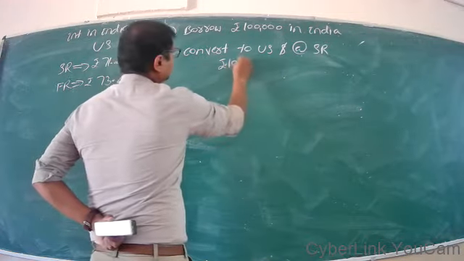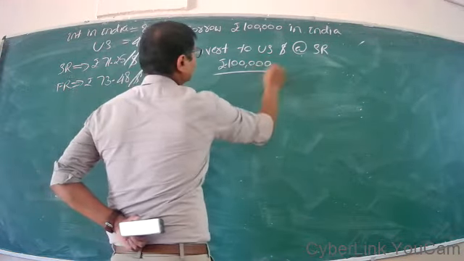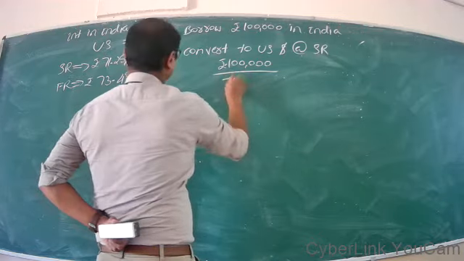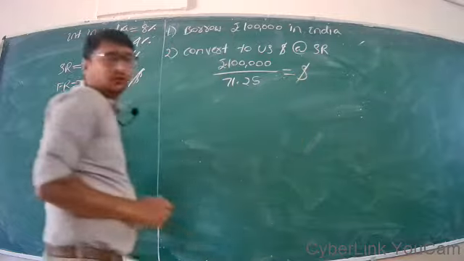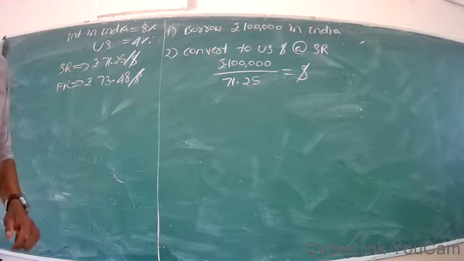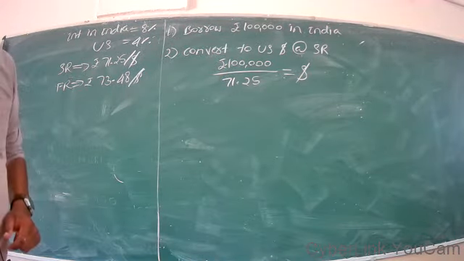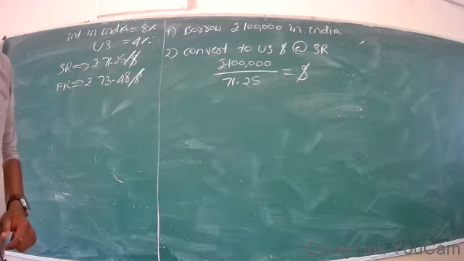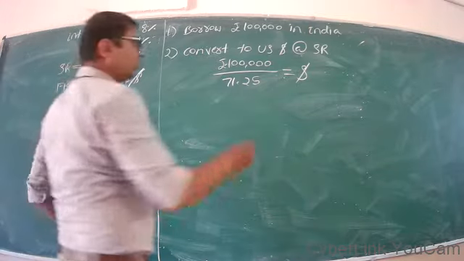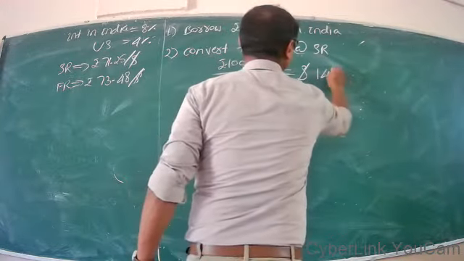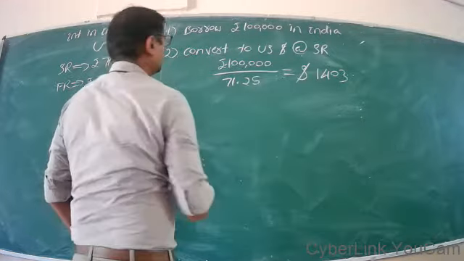So rupees 1 lakh is converted to 1,403 dollars.